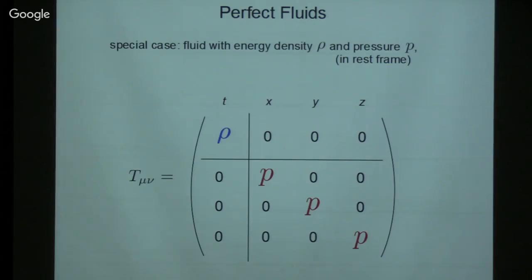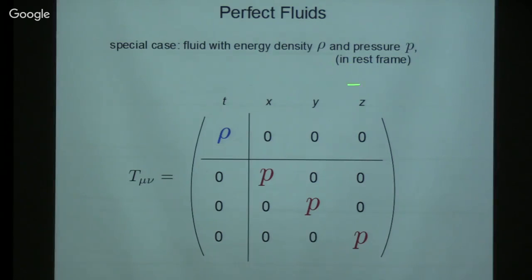Now, one special case of this that's particularly worth thinking about is called perfect fluids. So a perfect fluid is a special sort of idealized matter where the stress-energy tensor depends only on two numbers.